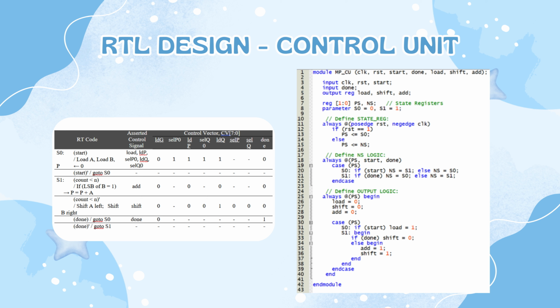Next state logic: transition to S1 when start is 1, transition back to S0 when done is 1. Output logic: in S0, load is 1 if start is 1, load initial data. In S1, it performs add and shift until done is 1.